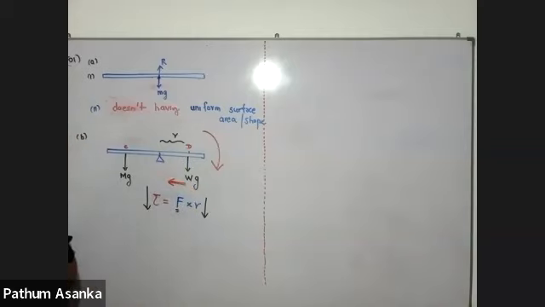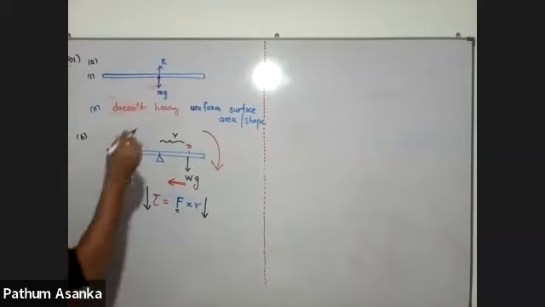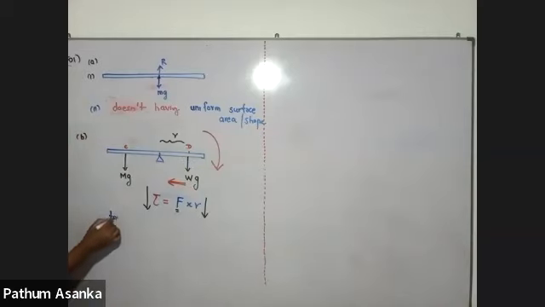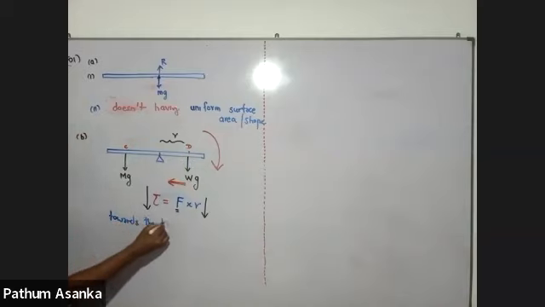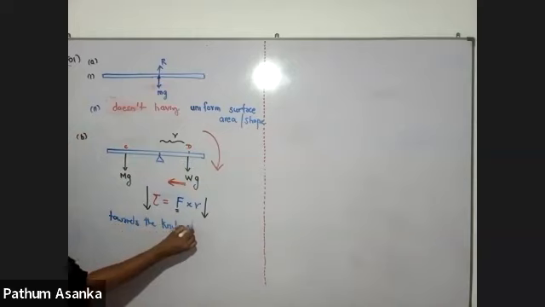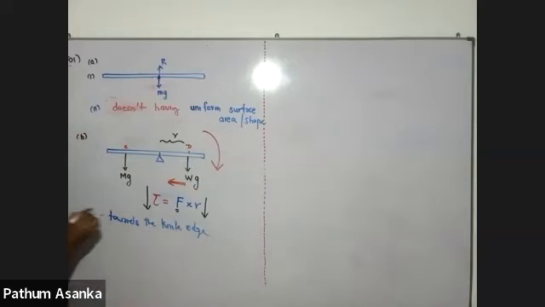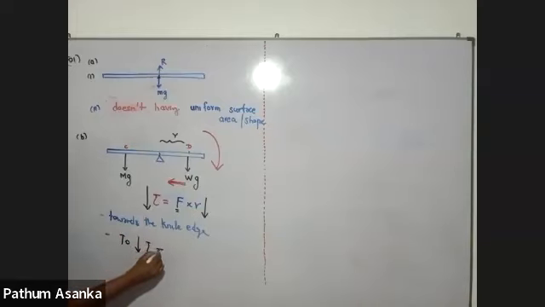So the answer is: towards the knife edge. The reason is that to reduce the moment, R should be reduced.